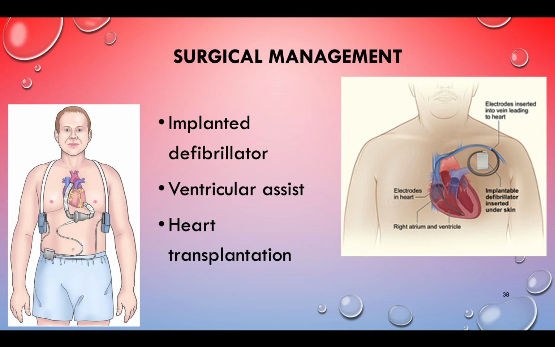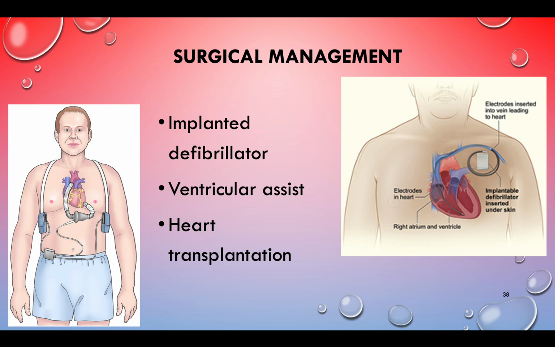Okay, what other kind of management might we do? If a person has very severe heart failure, they might require certain types of surgical intervention, whether that be a defibrillator that's going to help basically reshock the heart if it were to go into a deadly rhythm like a VTAC or something of that nature.